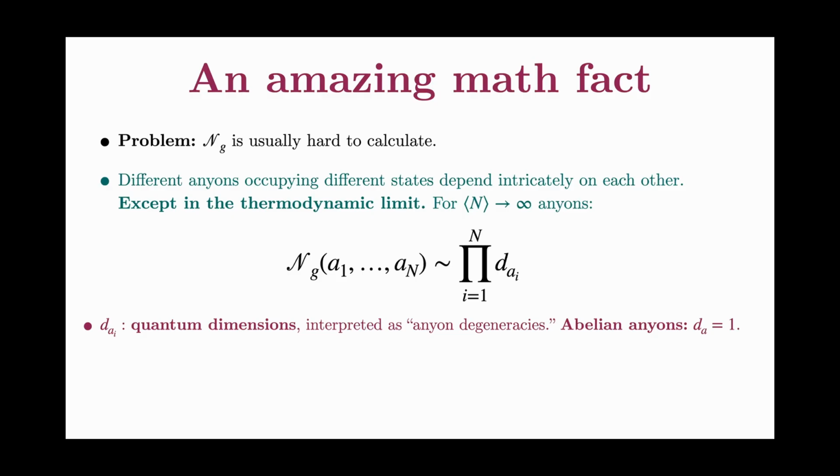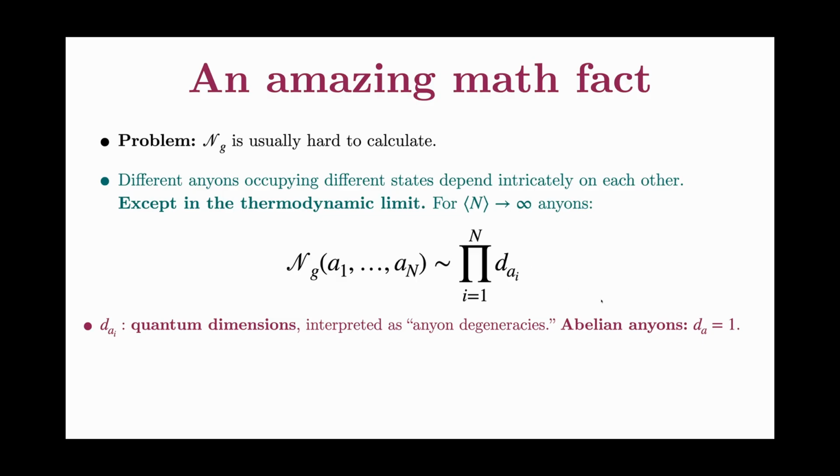In the thermodynamic limit, this n factorizes in a really nice way, where it just turns into the product of the quantum dimensions. We met the quantum dimensions in several earlier talks. You can think about this as the internal degeneracies of anyons. These n's become the product of these quantum dimensions for each of the anyons in my configuration.